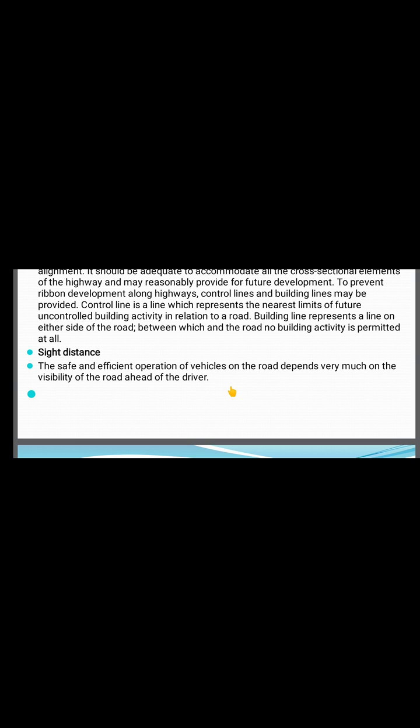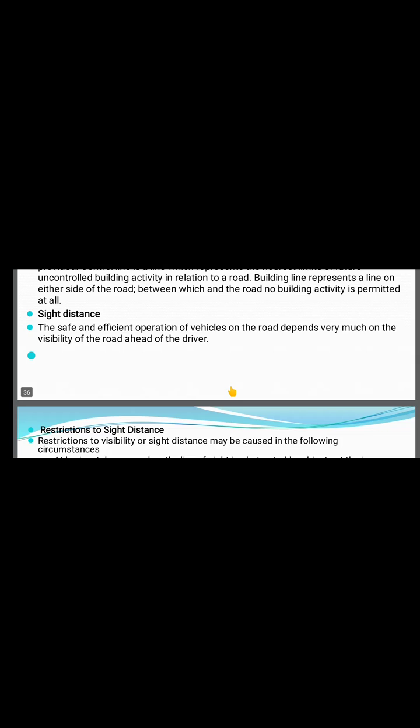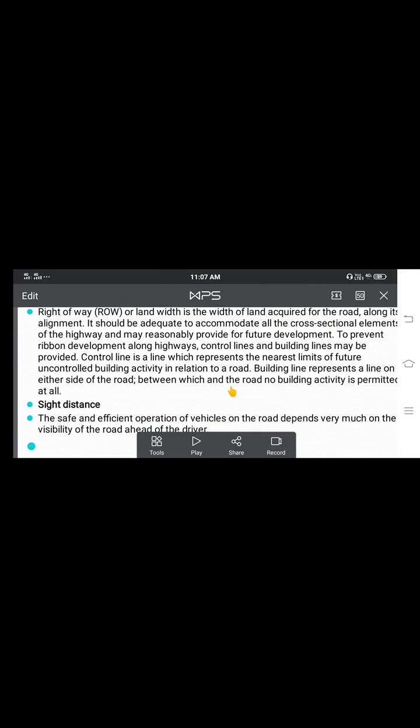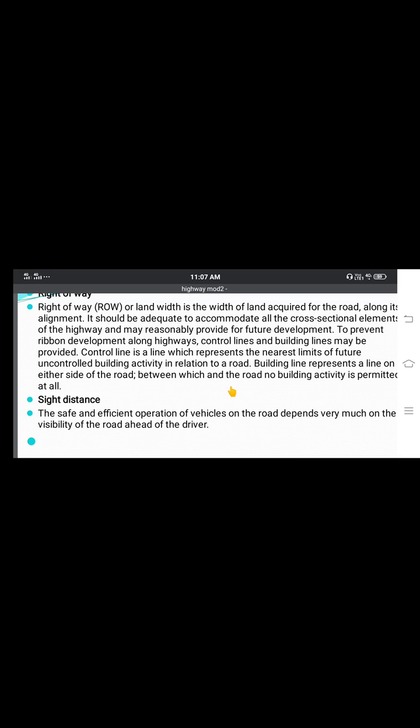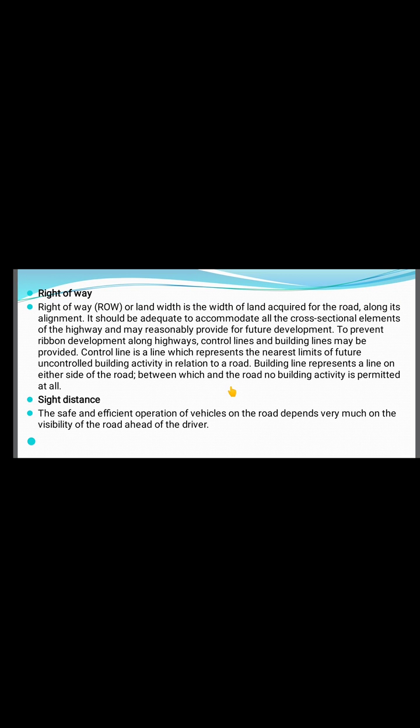Based on that, this is sight distance. It is the visibility of the road to the driver. Again, in sight distance we have different types: stopping sight distance, overtaking sight distance, and intermediate sight distance. That we'll study here.